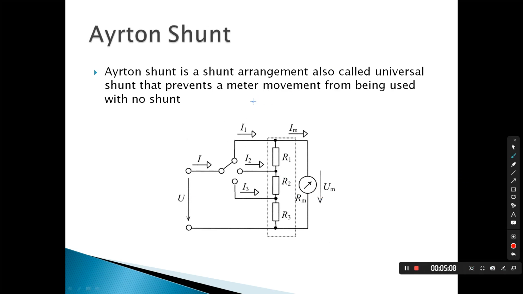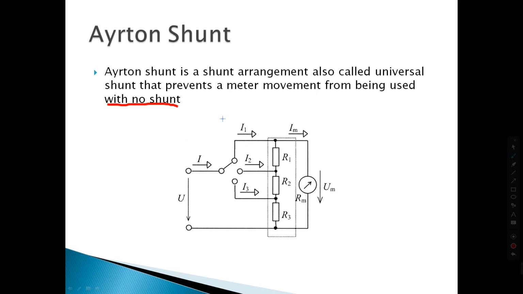It is very important for the Arsonval meter, the DC ammeter, to have a shunt resistor so that it will not be easily destroyed by a large current. So here we have the Ayrton shunt, wherein there is always a shunt resistance in parallel with the meter.